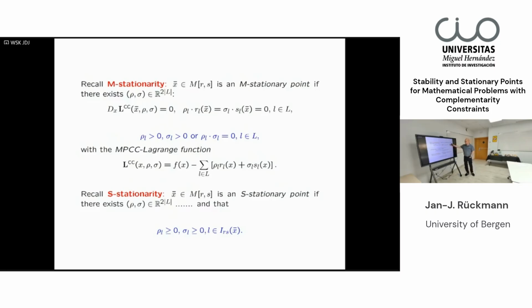We have some complementarity constraints here. And then the blue, you see in blue here and there, this is the difference between M-stationarity and S-stationarity. And the rest is the same. Okay. So M-stationarity means that the corresponding rho and sigma are positive, or at least one is 0. And here we have that both are non-negative. This is the orthant. Here it's a little bit more S-stationarity.